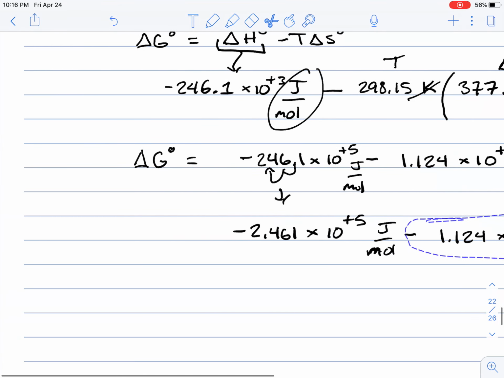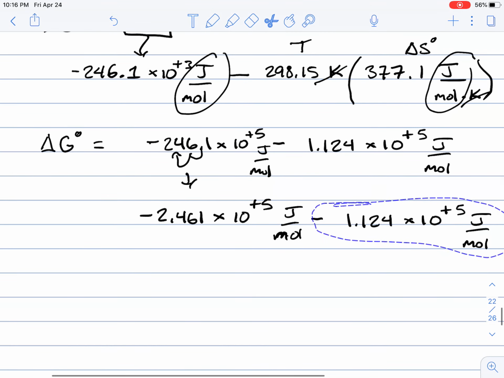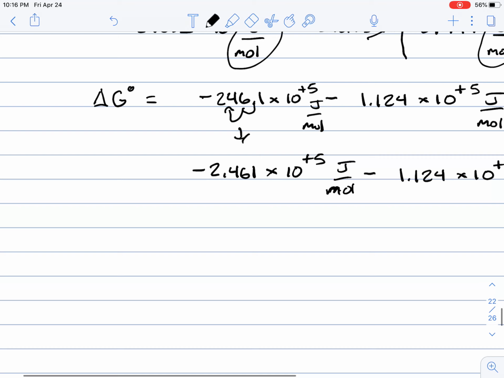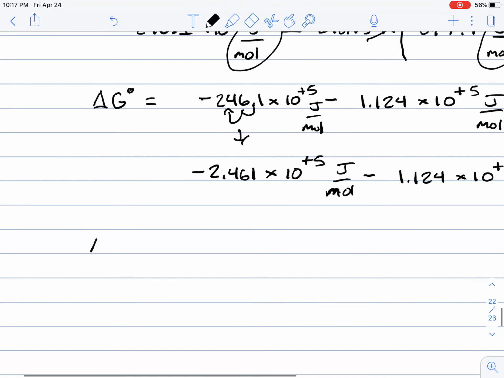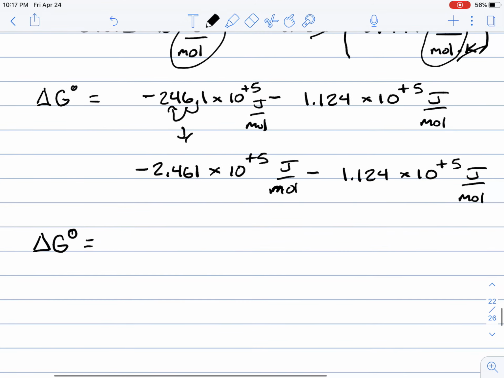And so overall, the change in my standard Gibbs free energy value is going to be negative 3.585 times 10 to the positive 5 joules per mole.